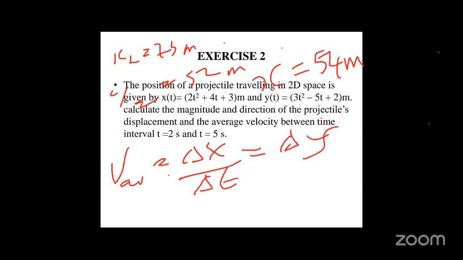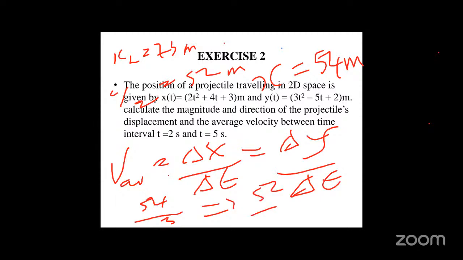For X, it is 54 over the difference in time, 5 minus 2, that is 3. For Y, we have 52 over 3.